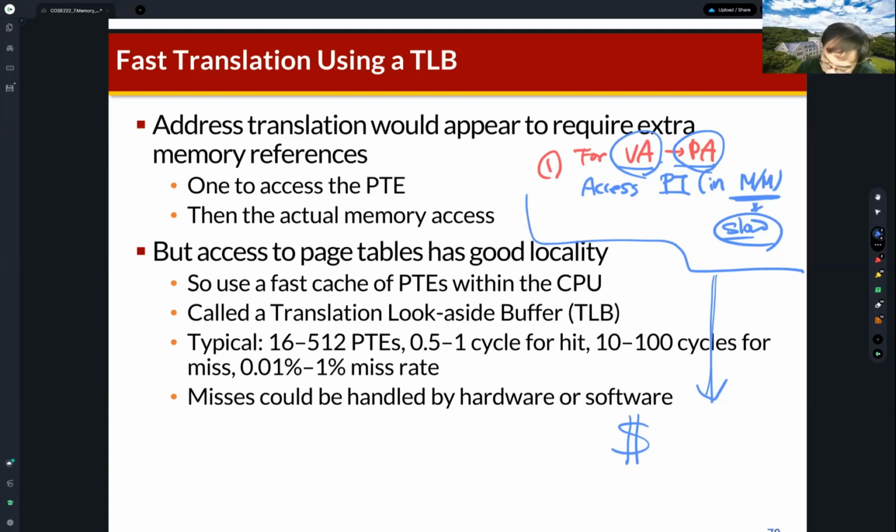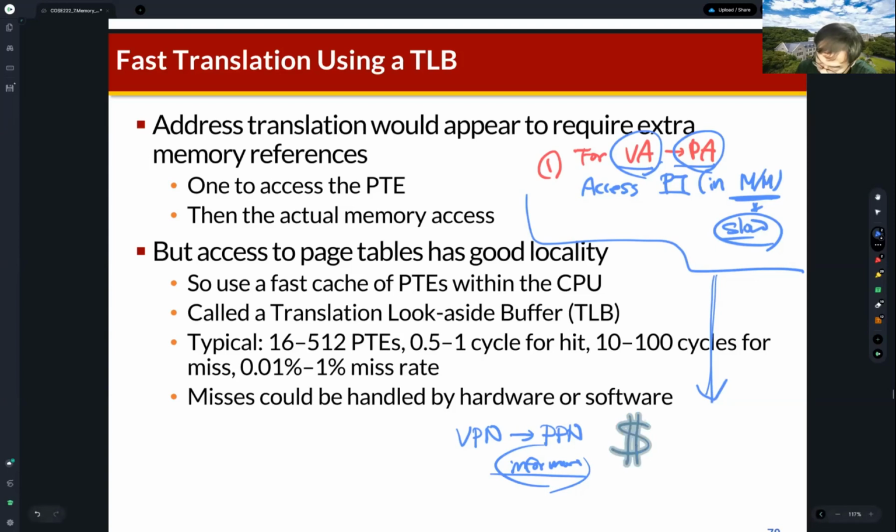We require virtual page number to physical page number mapping information, right?